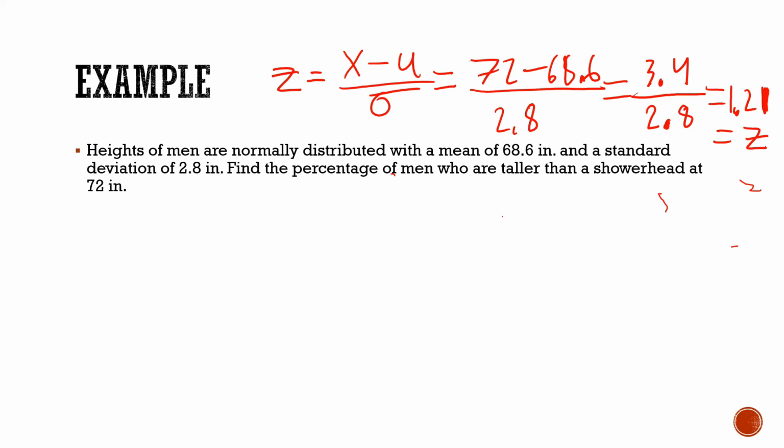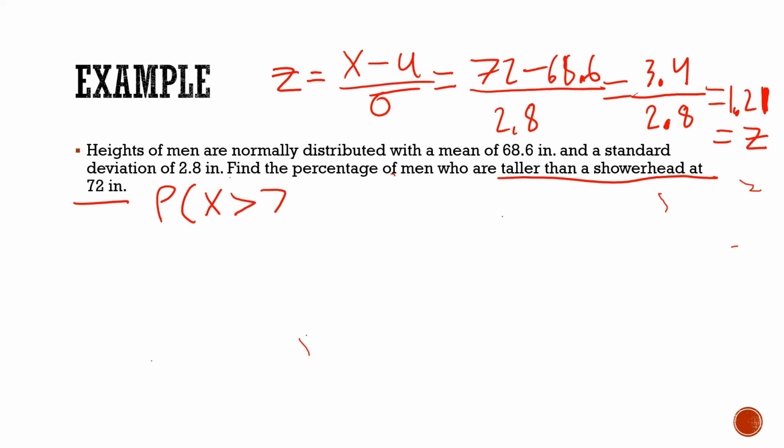Now we have the z-score that corresponds to X, so we just have to translate this. We are looking for the probability that X is greater than 72.